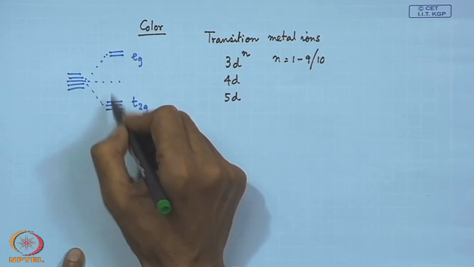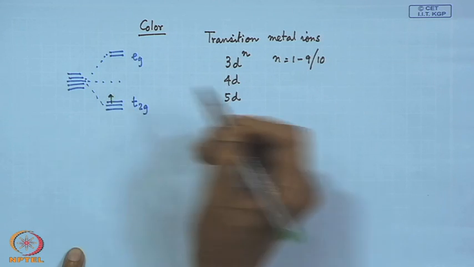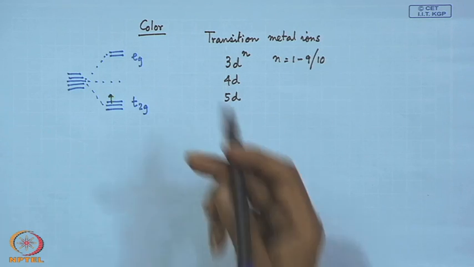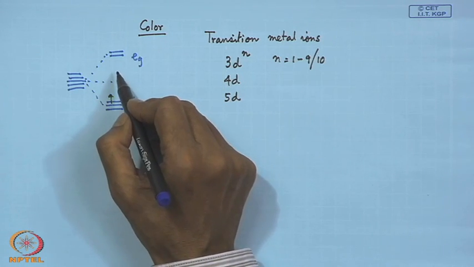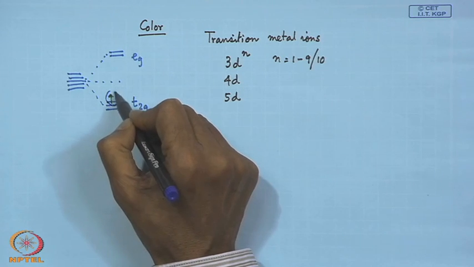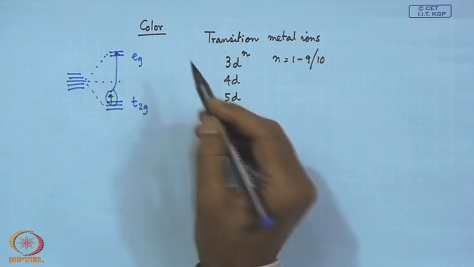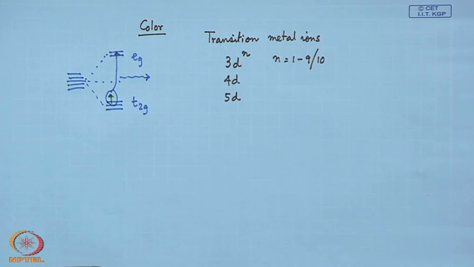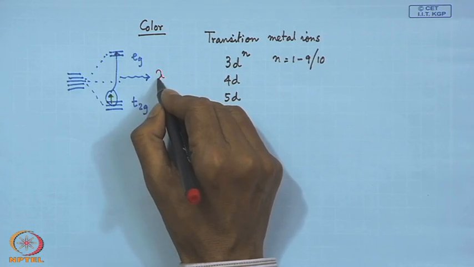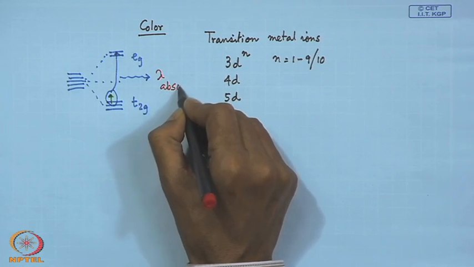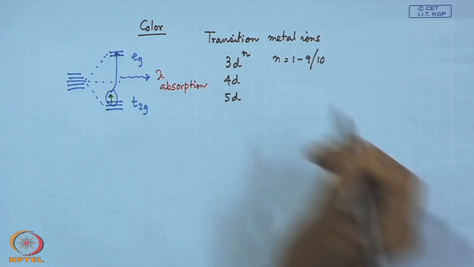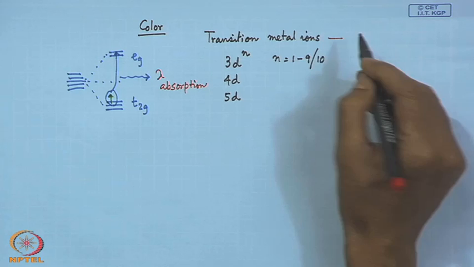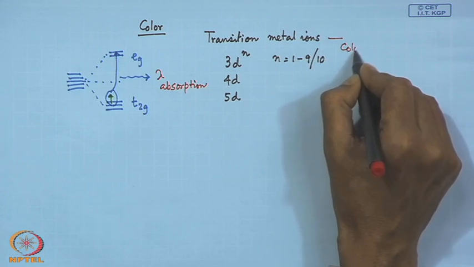If we have, say, one single electron in the t2g level, and through the range of radiation available in the visible region we can promote this electron to the upper level, then absorption of electromagnetic radiation can take place. That means absorption can take place at a certain wavelength, and we see that these particular metal ions are colored.